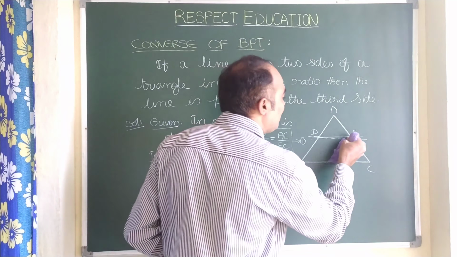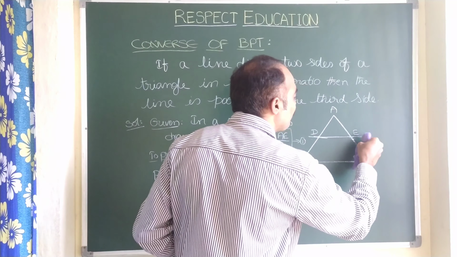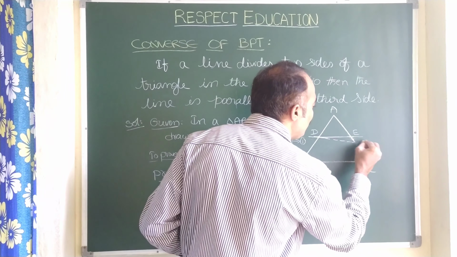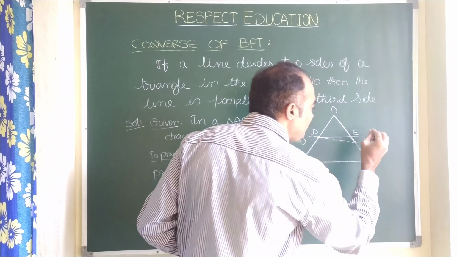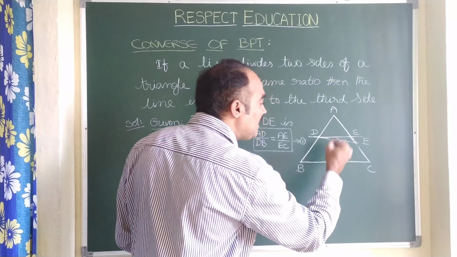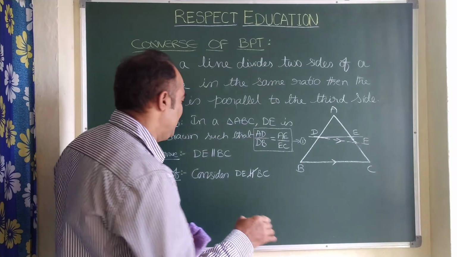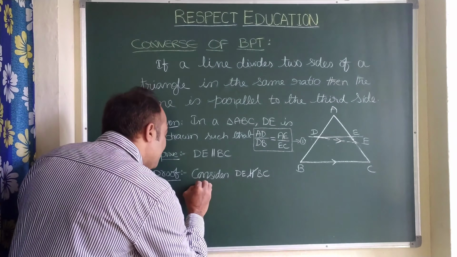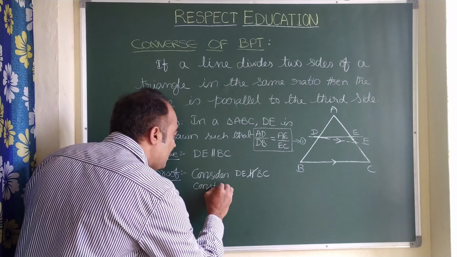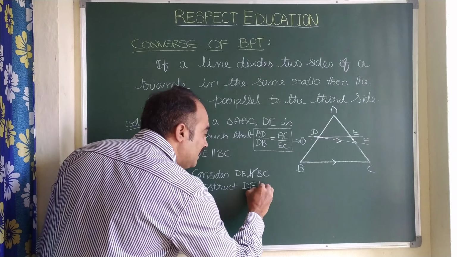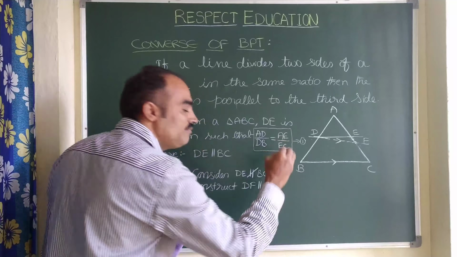For your understanding I will draw a little bit down. From D, let us draw one more line, DF. Assume that DF and BC are parallel. So since DE is not parallel to BC, draw another line DF that is parallel to BC.